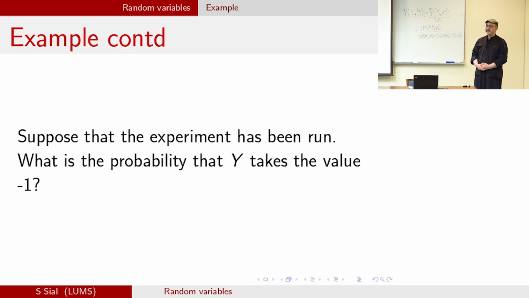Probability of rolling odd. Yeah. How does Y get to be -1? You rolled an odd value. So that's the probability of rolling an odd result. And the probability of rolling an odd result for a fair six-sided die is 1/2. Okay? Good.